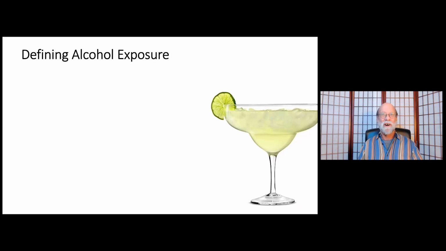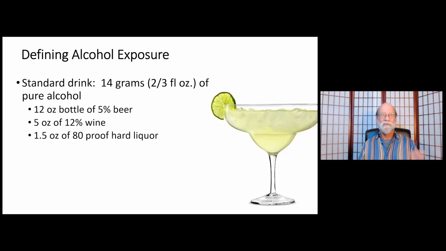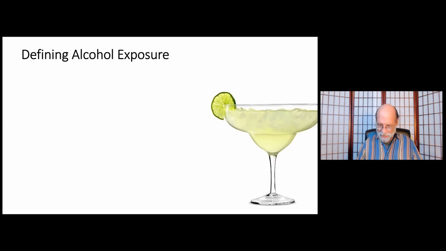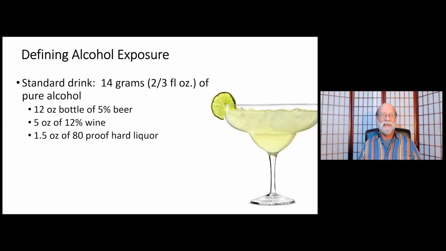So defining alcohol exposure, a standard drink is essentially 2/3 of a fluid ounce of pure alcohol. And if you did the math, you would see that a 12-ounce bottle of beer is a standard drink, 5 ounces of wine, a shot and a half of hard liquor.